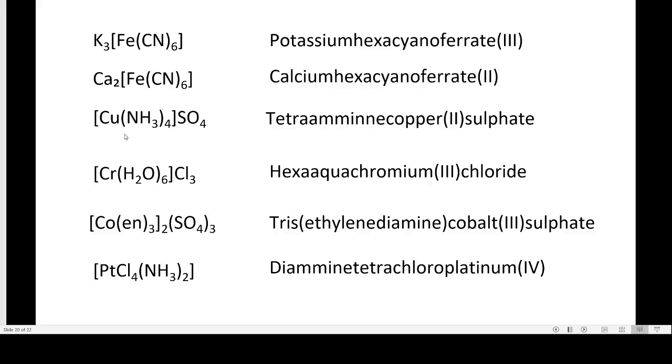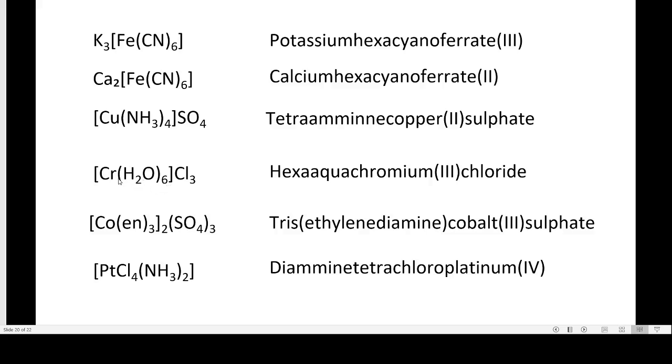In the third example, since it is a cationic complex, first the cation is named. So tetra for tetraammine copper 2 sulfate. Oxidation state of copper is 2. So in this example, it is hexaaqua. Water molecule is commonly named as aqua.